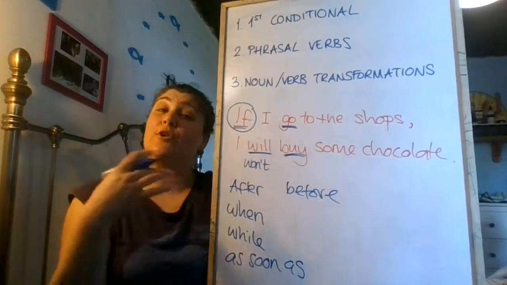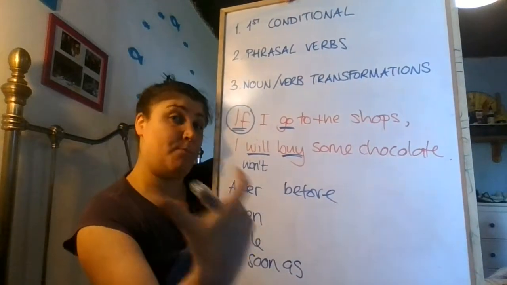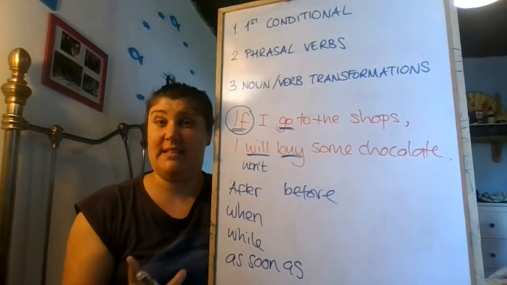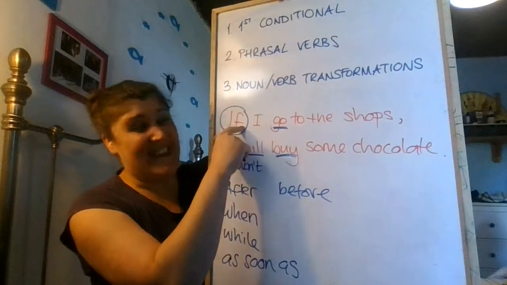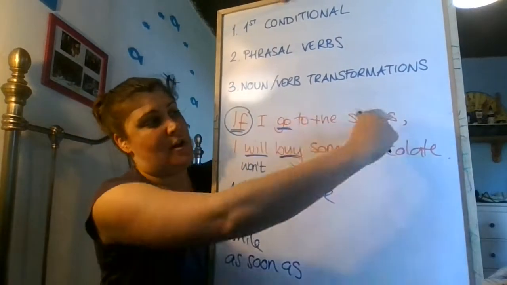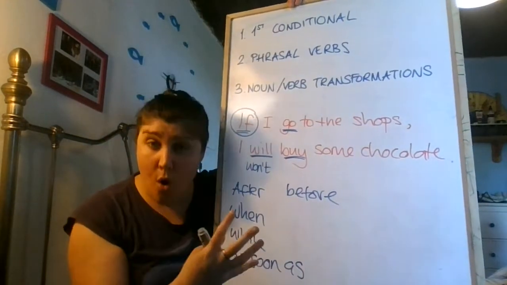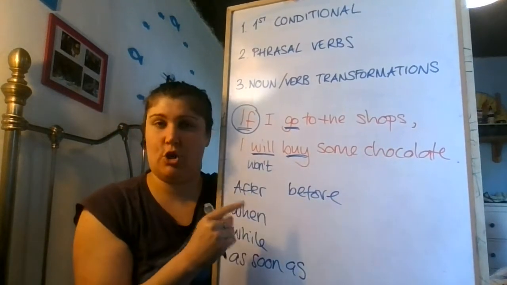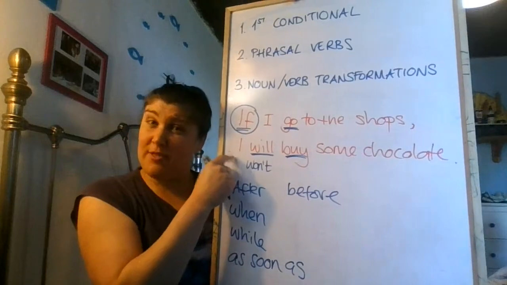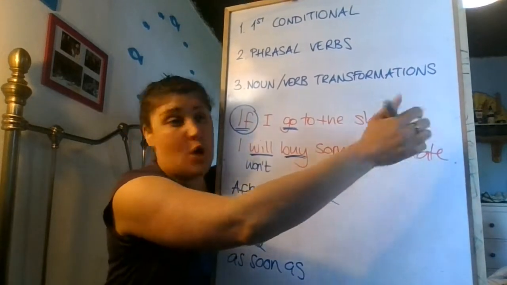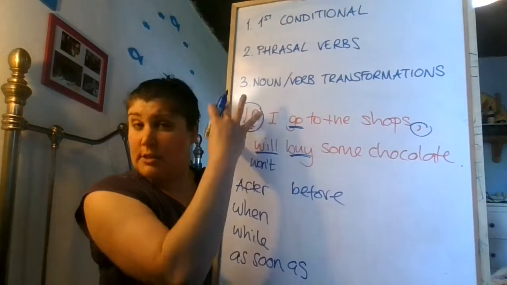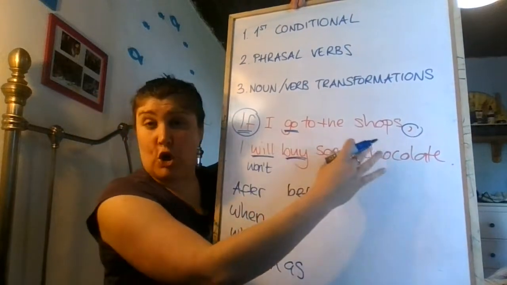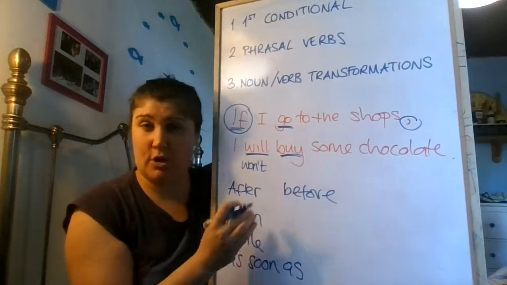We can also change the organisation of the sentence. We can put the if clause first, if I go to the shops, or we can use this clause first, I will buy some chocolate. Remember, if we put this first, there's no comma. So in this sentence, if I go to the shops, comma, I will buy some chocolate.